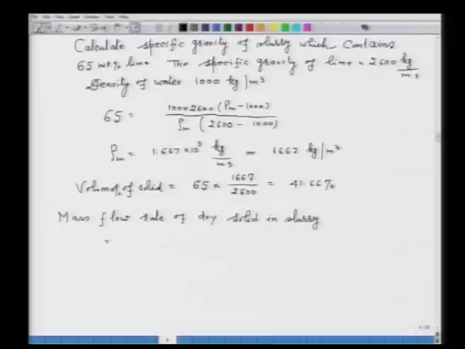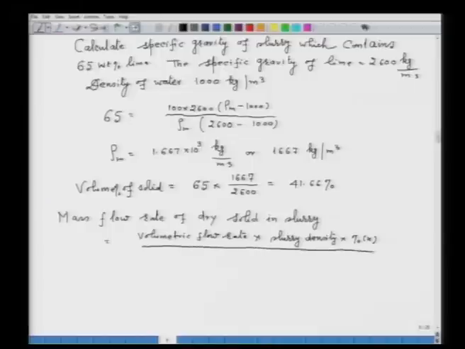This mass flow rate you can find out by volumetric flow rate, if it is given, into slurry density, into percent x, the wet percent solid, and you divide this by 100.